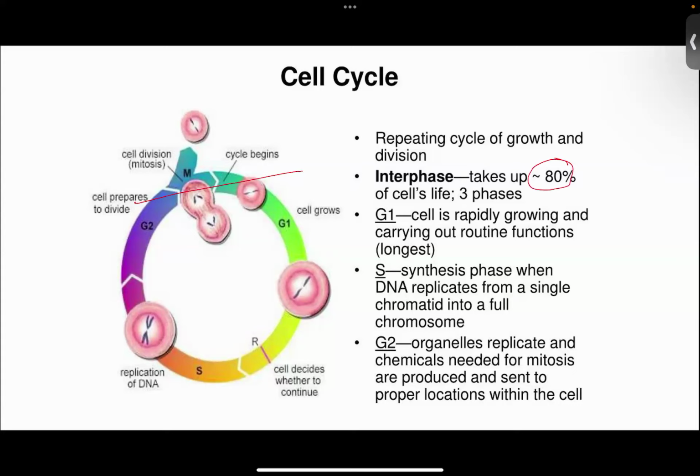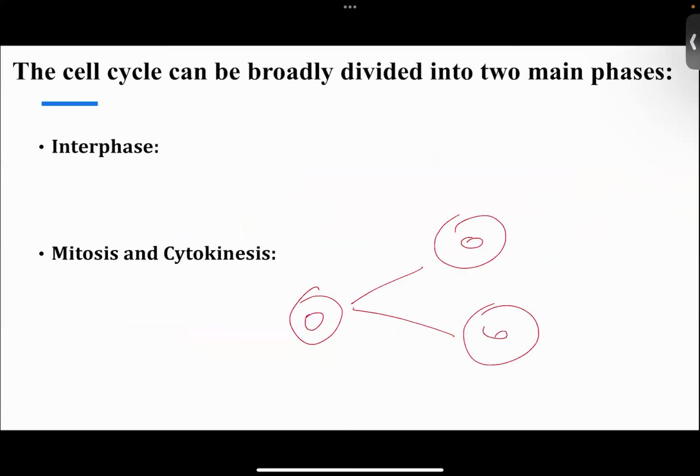G1 phase is rapidly growing and it is the longest phase, based on the cell. A certain cell might take up 8 hours, or sometimes it might take years, to complete this G1 phase. So what happens during this G1 phase? I told you this is preparing for the cell cycle, or preparing this cell to become two daughter cells, right?